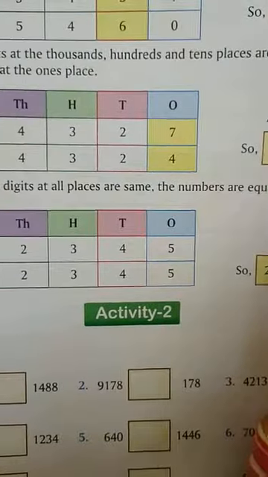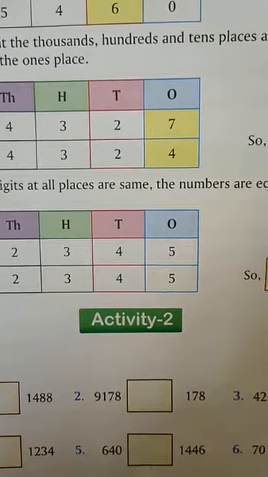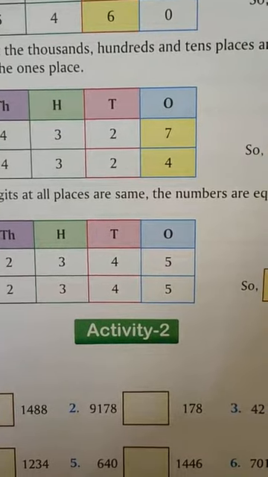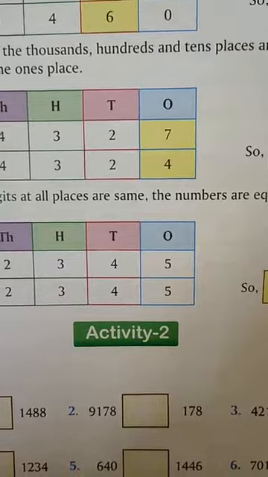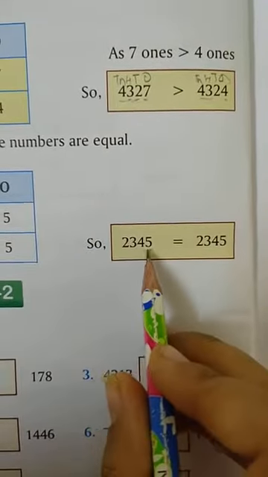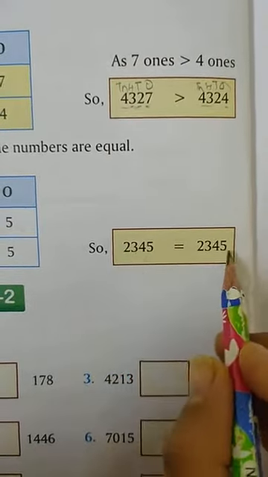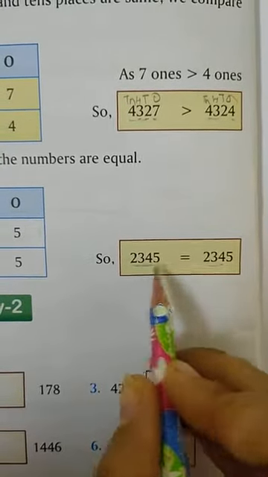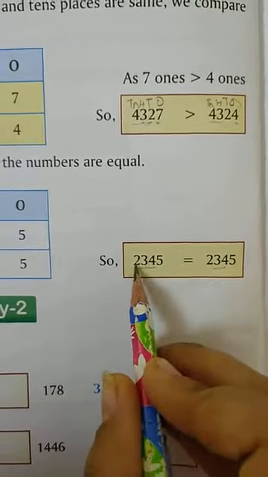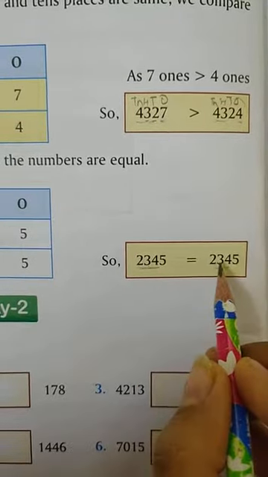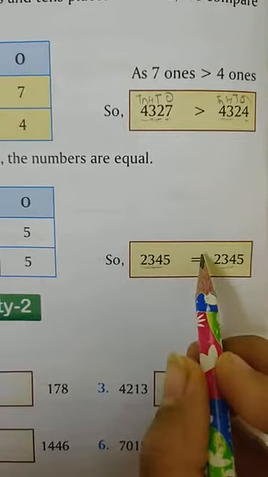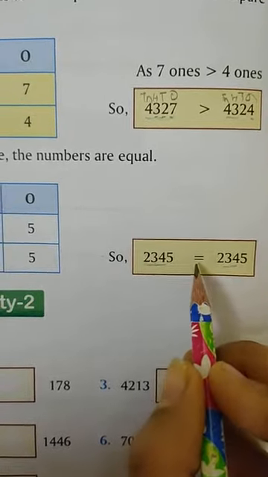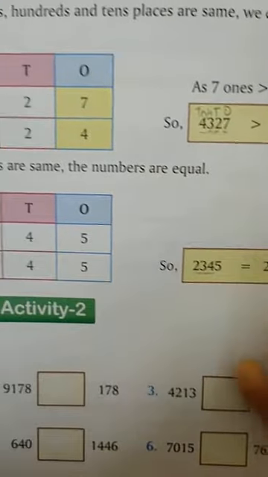So when the digits at all places, that is the ones place, tens place, hundred place and thousand place, are the same, the numbers are equal. This we already know. On both sides the same digits are present. This is 2345 and this is also 2345. So here how do we compare? By putting the equality sign.